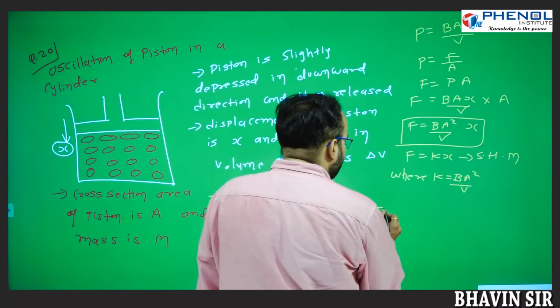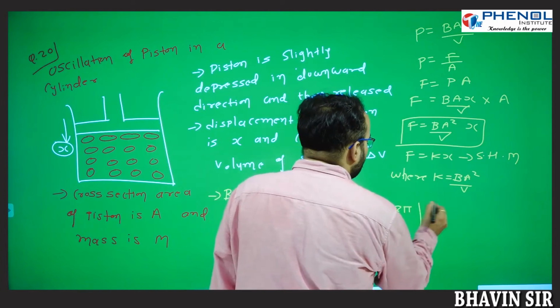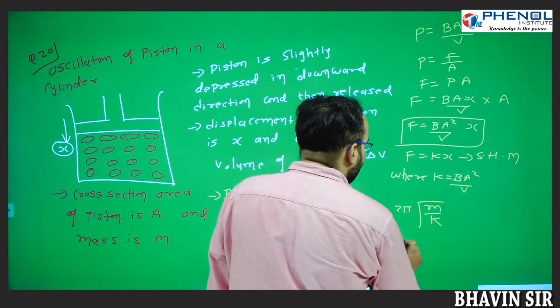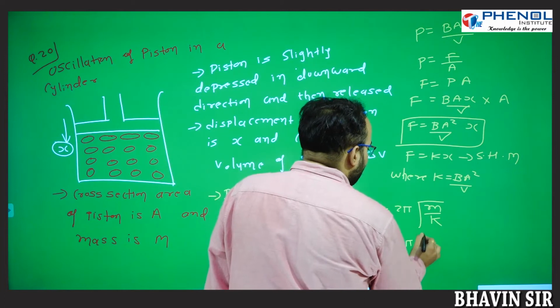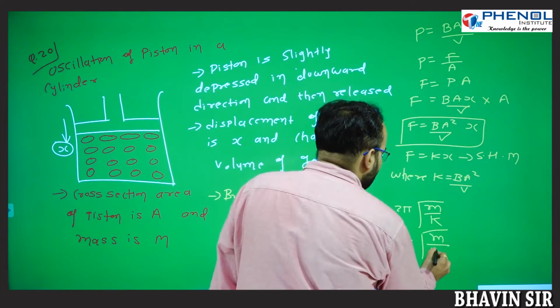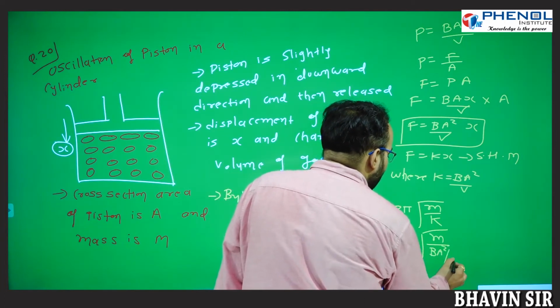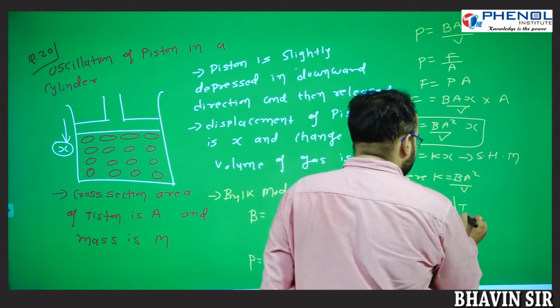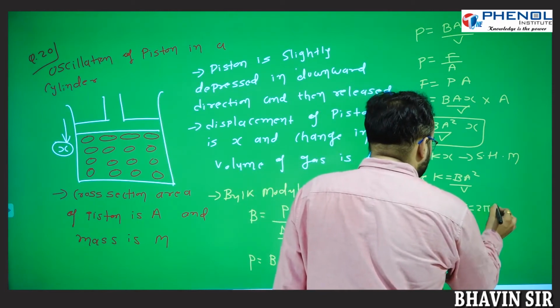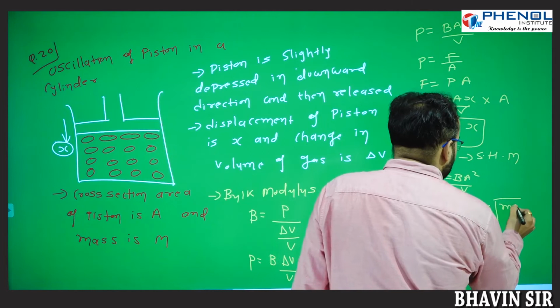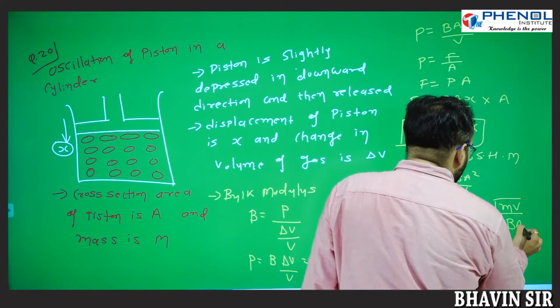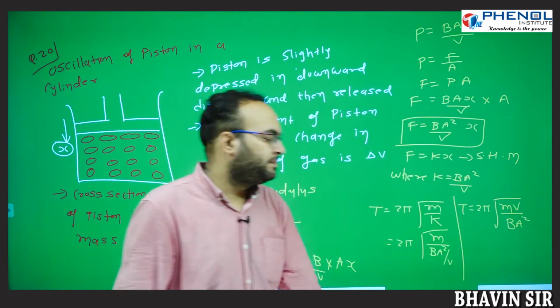Now we want to find the time period. So T is 2 pi under root m by k. What is k? B A square by V. So the time period is 2 pi under root mV upon B A square.